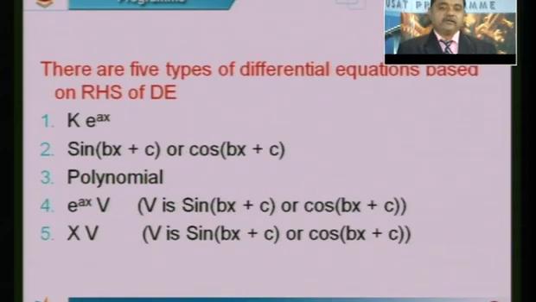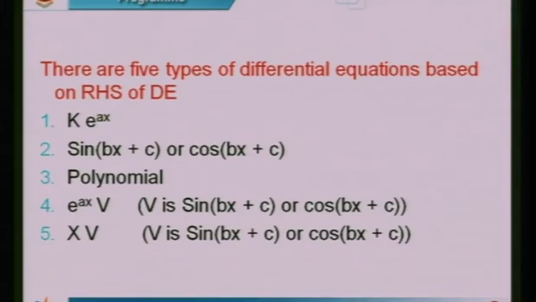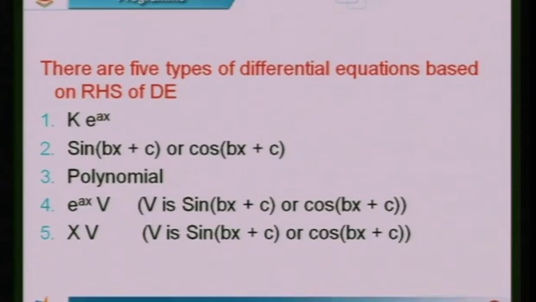Now let us take up the non-homogeneous part. In other words, on the right hand side we have some specific functions. There are 5 types of differential equations based on RHS of the differential equation.